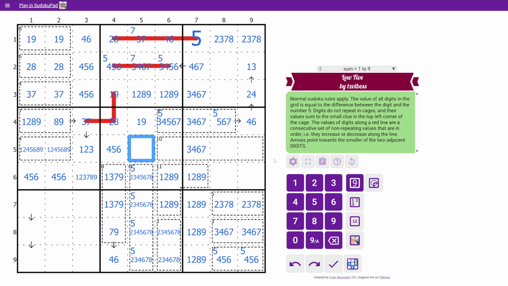So this is 1, 2, 8, 9, because it is a 3 or a 4 difference. So now I think we do have, yes, we have a 1, 2, 8, 9 there.